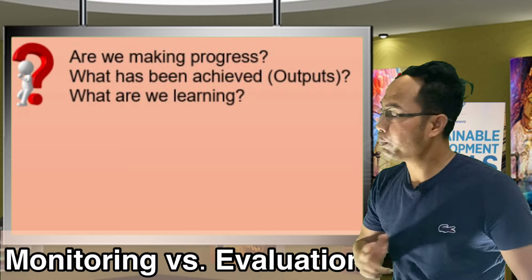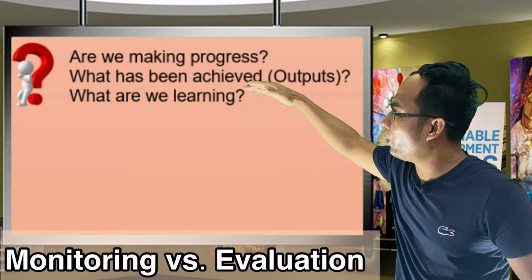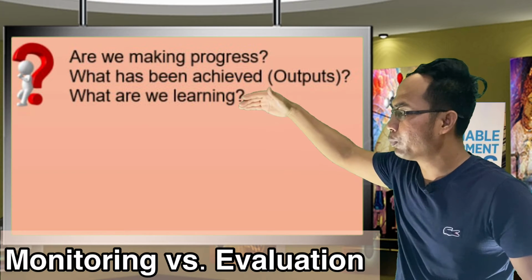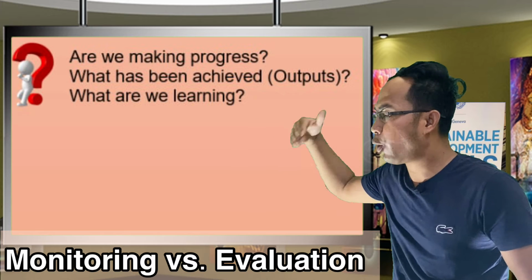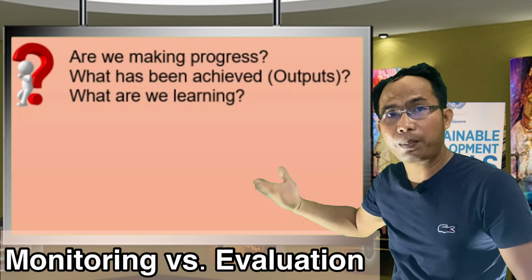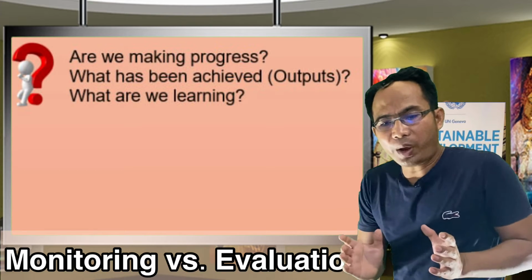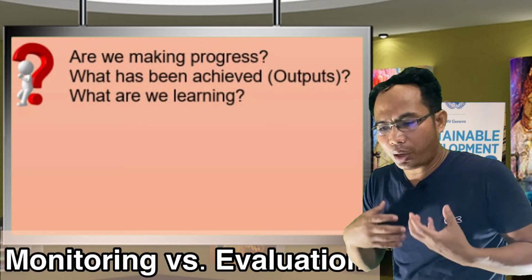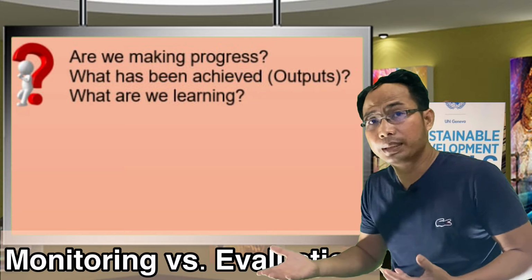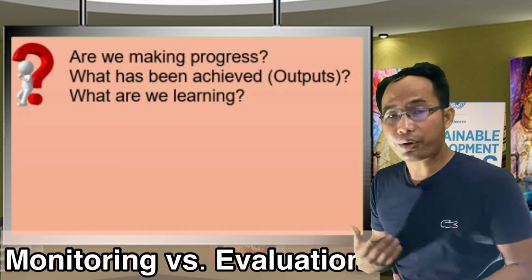In this question, we would like to know whether we are making progress against our annual operational plan. At the beginning of the year, we design the annual operational plan, and then we implement the activities accordingly.